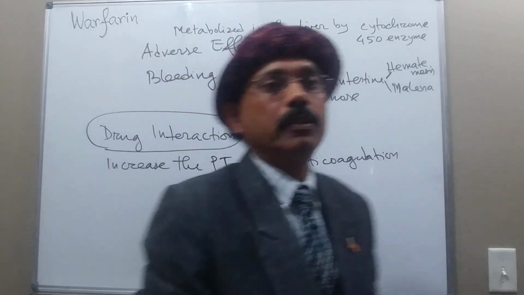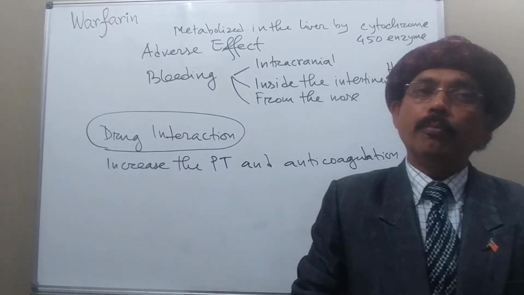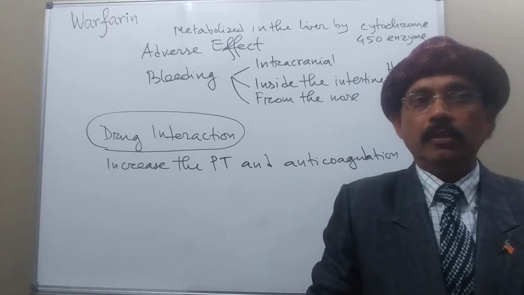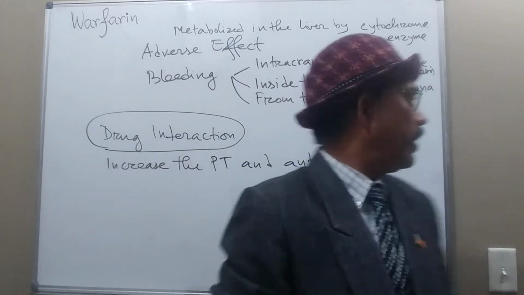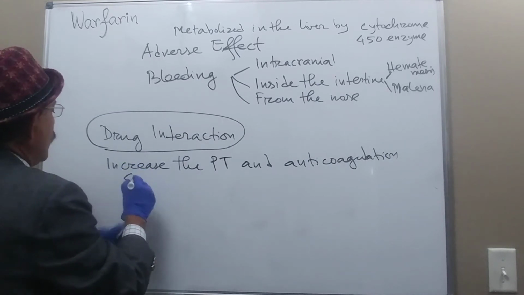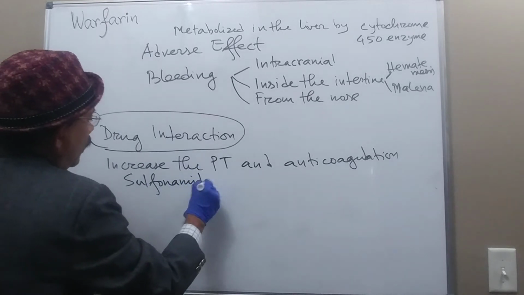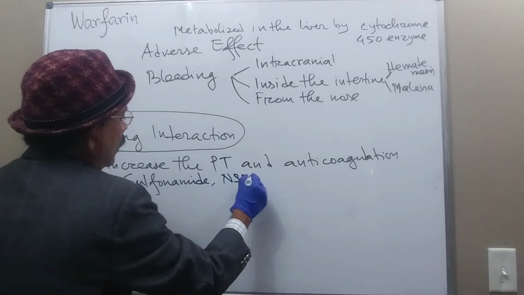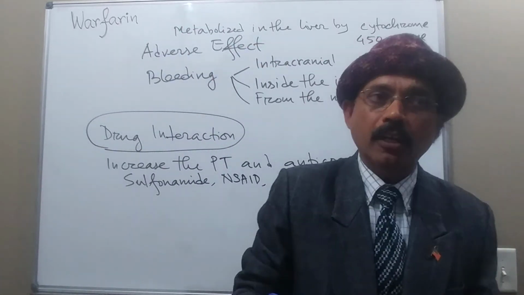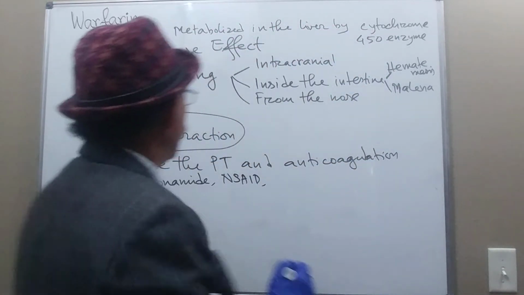That is very important. Okay, these are the sulfonamide, because sulfonamide will compete with warfarin for the plasma protein. Sulfonamide is an antibiotic. Then NSAIDs, like aspirin or phenylbutazone. Okay, also cimetidine, an antipeptic ulcer drug, and anabolic steroids.